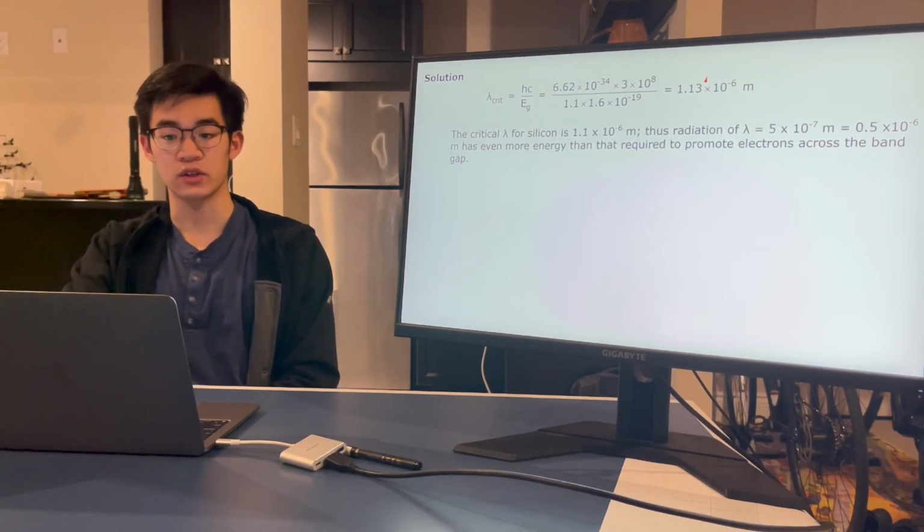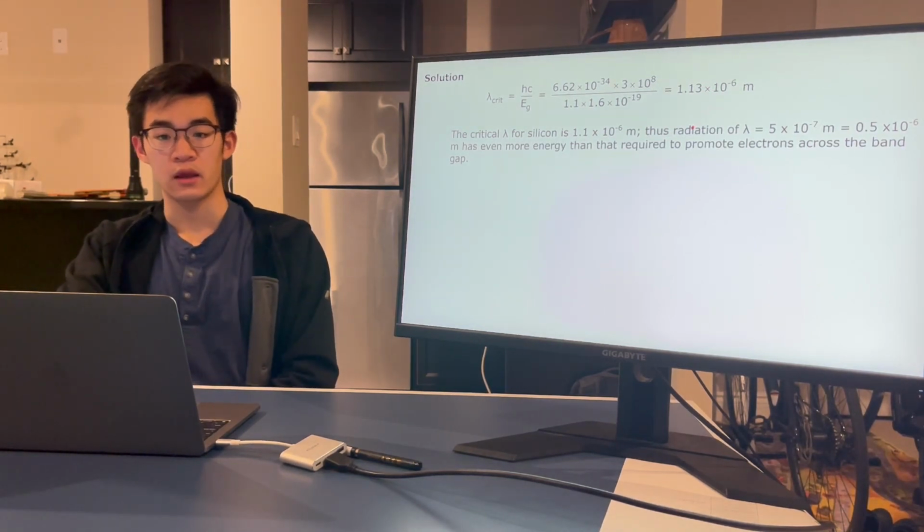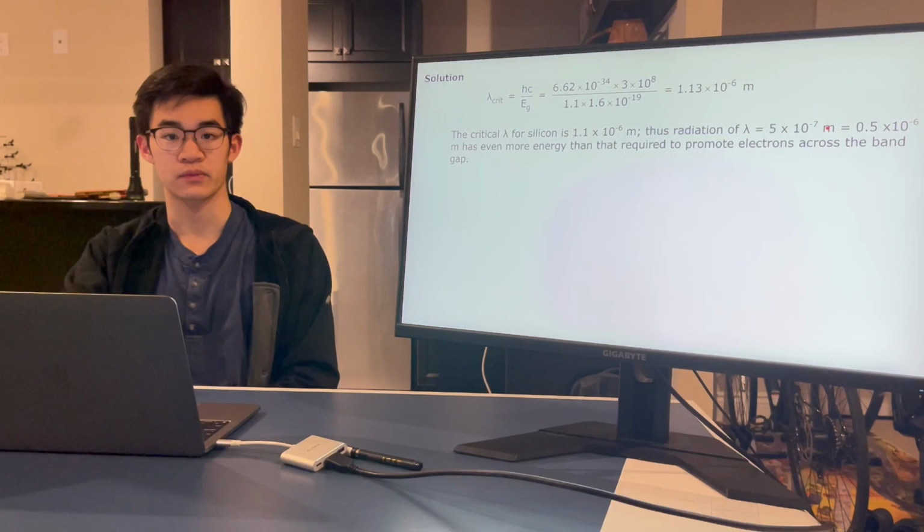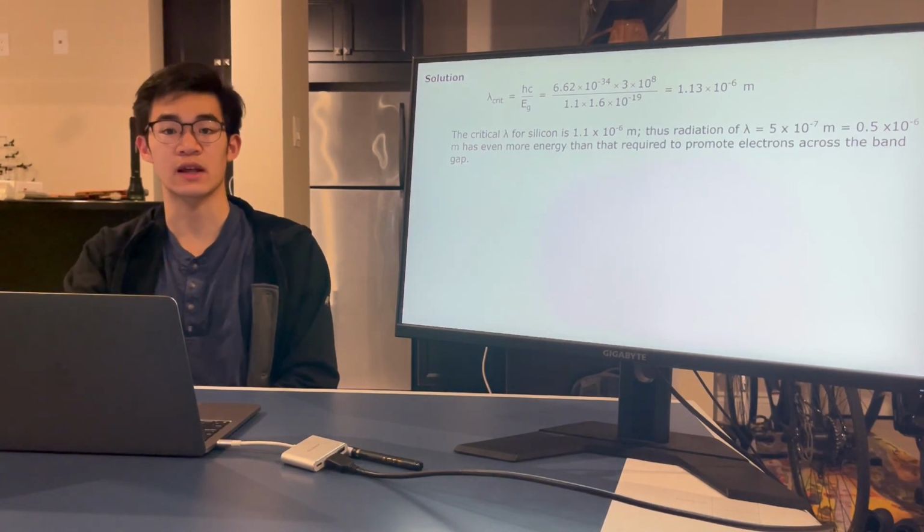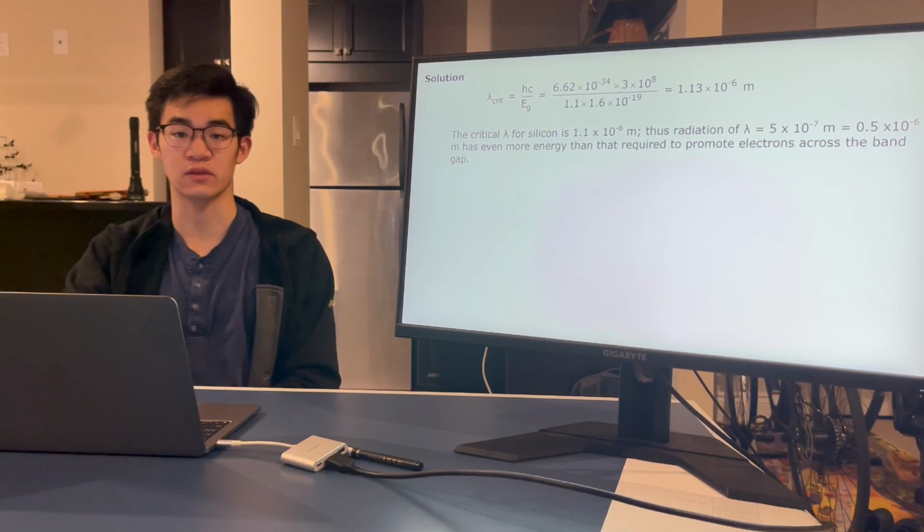We find that it is 1.13 times 10 to the negative 6 meters. But the green light is 5 times 10 to the negative 7 meters, which is smaller. And as you recall, a smaller wavelength means greater energy. So that means that green light can promote electrons in silicon.